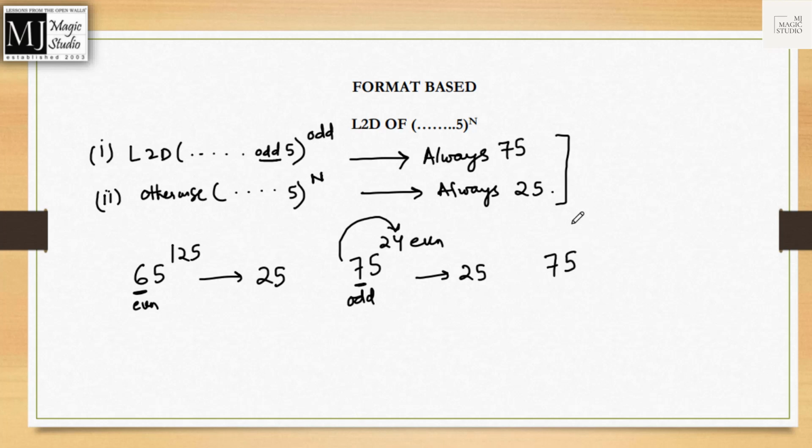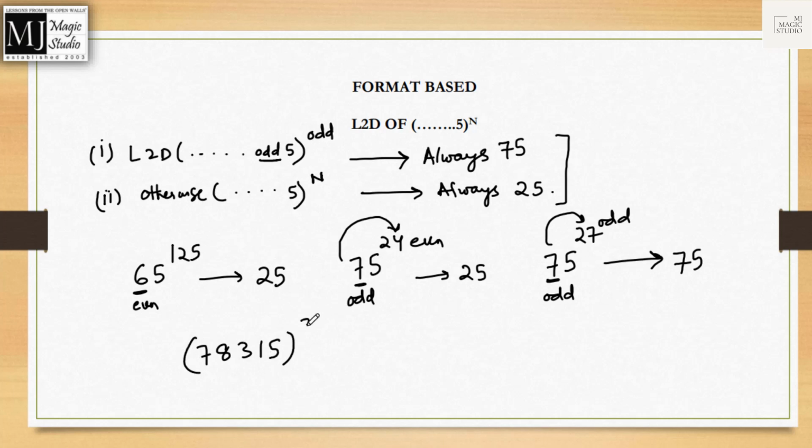Now 75 to the power, let's take 27. The second last digit is odd. Now go to the power. The power is also odd. Odd matching. The last two digits of this expression when solved would be 75. 78315 raised to the power 33315, and they are asking for the last two digits.